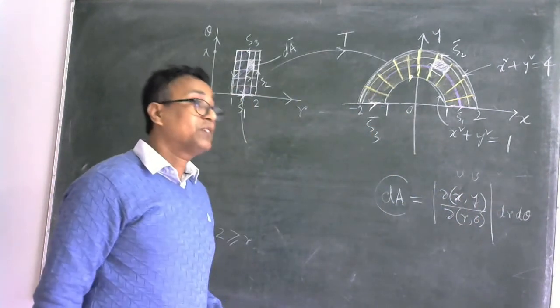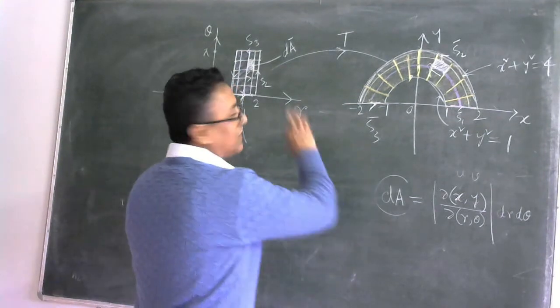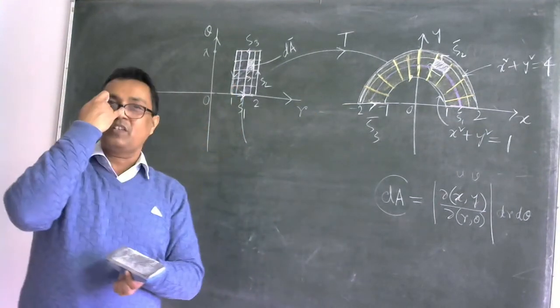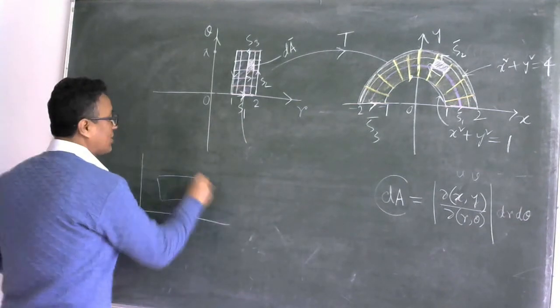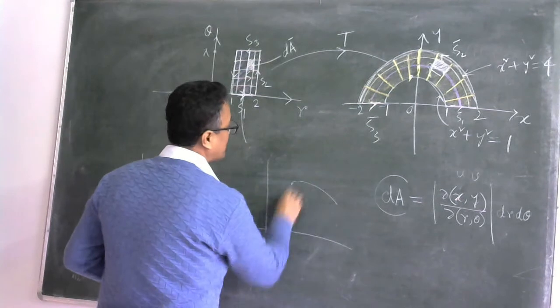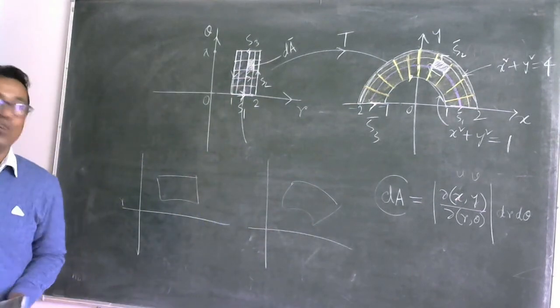So that is what it is. And you should not think that whenever we consider a change of transformation from some rectangular domain to some arbitrary domain here, their areas are going to be the same. It is not going to be like that.